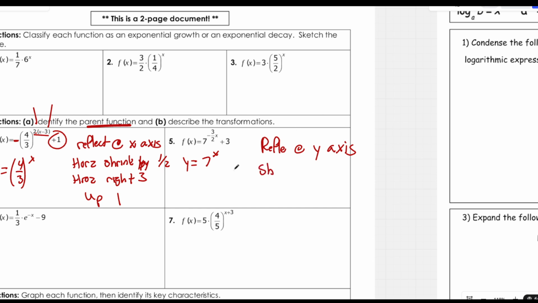It's actually a horizontal shrink by a factor of 3/2. And then there's a vertical shift up 3.